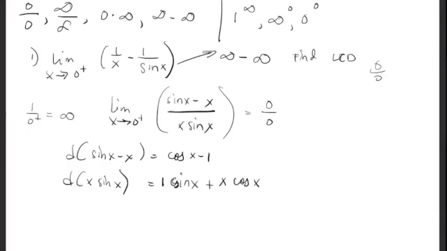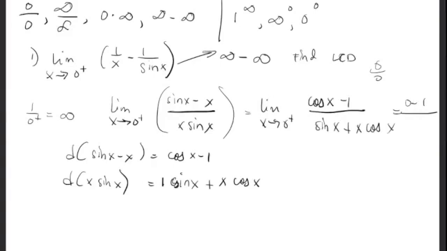So now we can now equate this to the limit as x approaches 0 of cosine of x minus 1 over sine of x plus x cosine of x. Sine of 0 is 0 plus 0 times 1, right? Tama? Di ba? Cosine of 0 is 1.